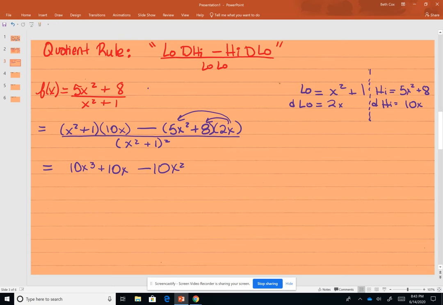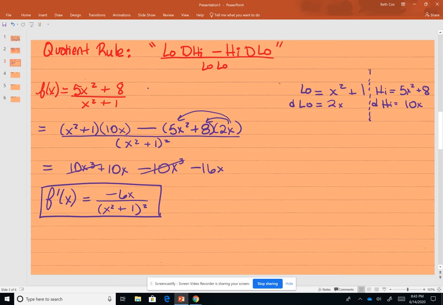Then distribute the 2x, it's going to give me 16x, but it's also a minus 16x. And that's going to be a third, not a squared. Brain work. That's going to give me a negative 6x over x squared plus 1 to the second power. So there's my f prime of x right there.